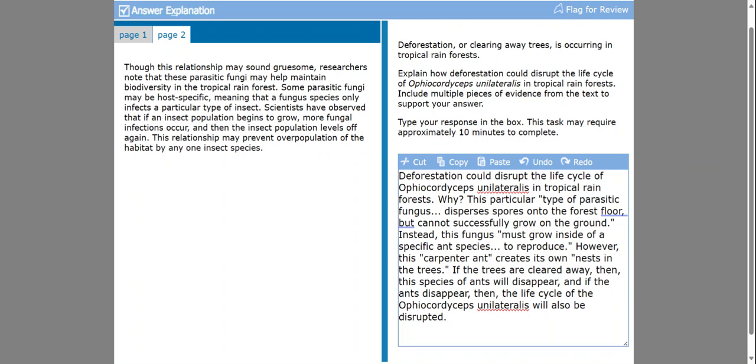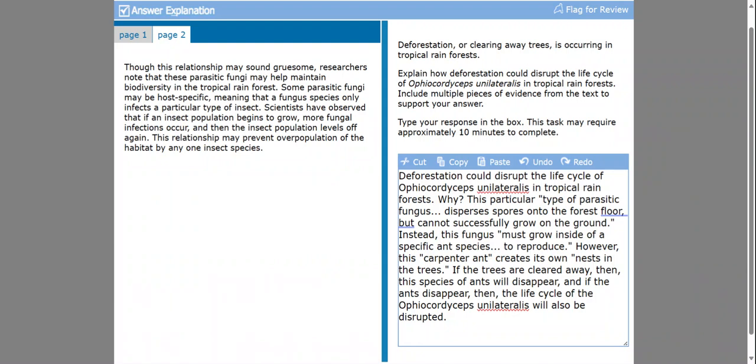Though this relationship may sound gruesome, I find it fascinating, but for some of you, it may sound gruesome. Researchers note that these parasitic fungi may help maintain biodiversity in the tropical rainforest. Some parasitic fungi may be host specific, meaning that a fungus species only affects a particular type of insect.